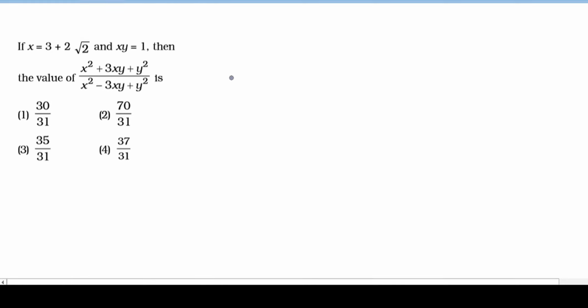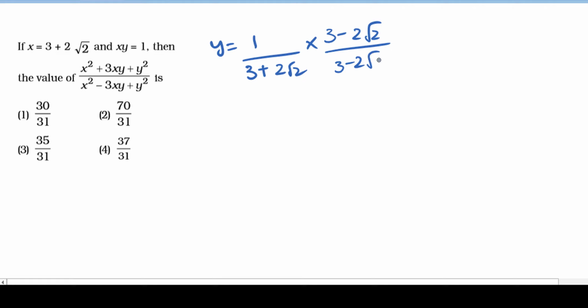If x equal to 3 plus 2 root 2 and xy is 1, then find the value of this expression. Let's find the value of y. y is 1 by x, right? That is 1 by (3 plus 2 root 2). Let's rationalize it. Multiply by 3 minus 2 root 2.